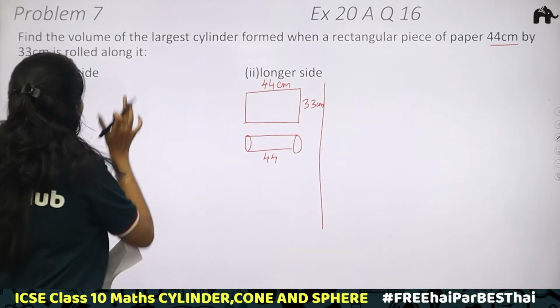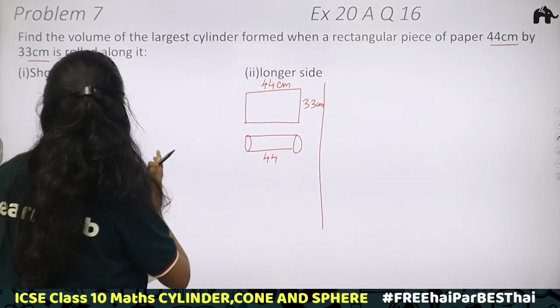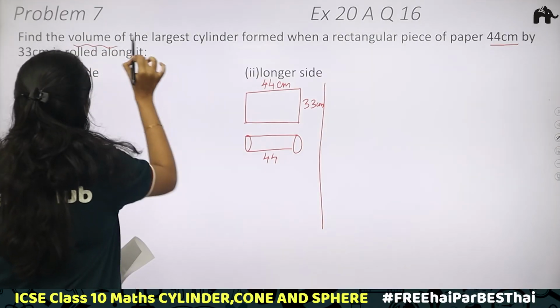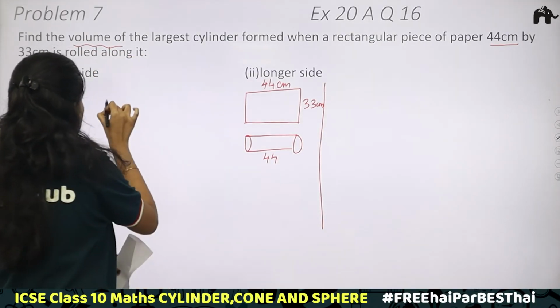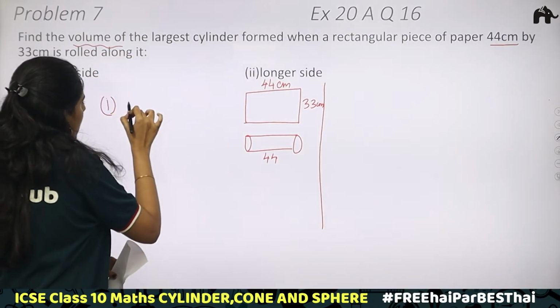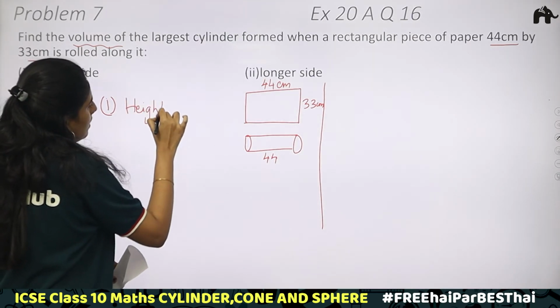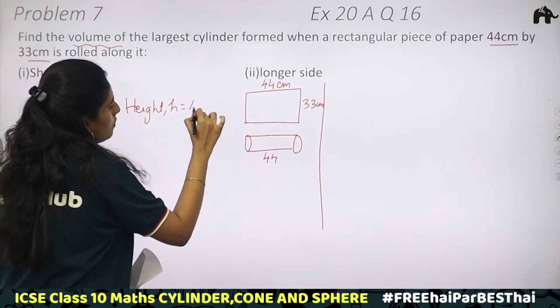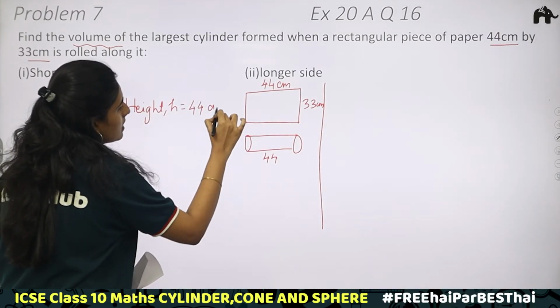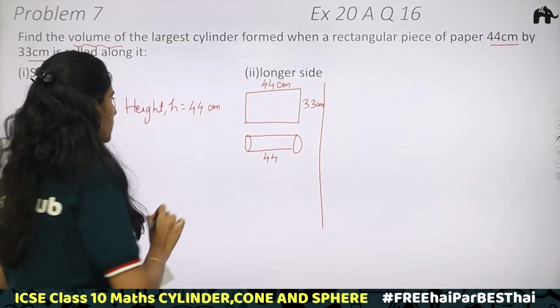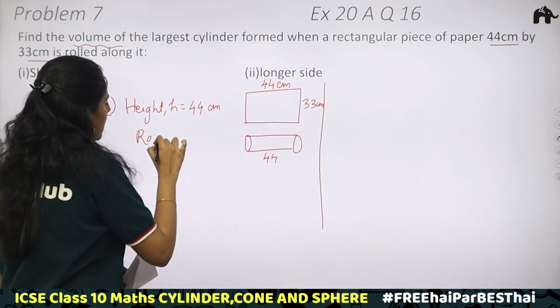Okay. We need to find the volume. So, for the first case, we have height h equal to 44 centimeter. Okay. We need to find the radius.